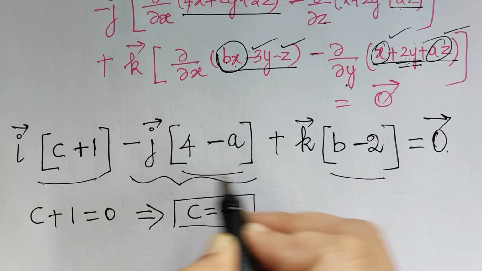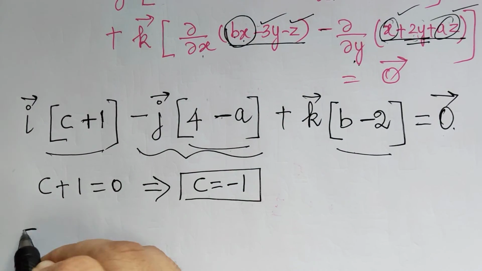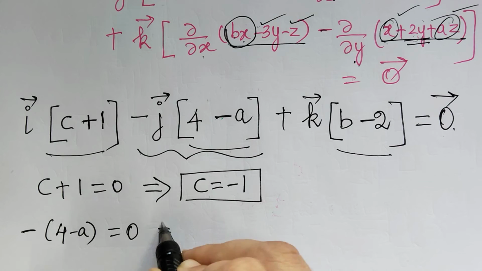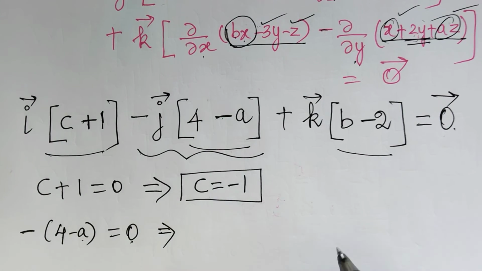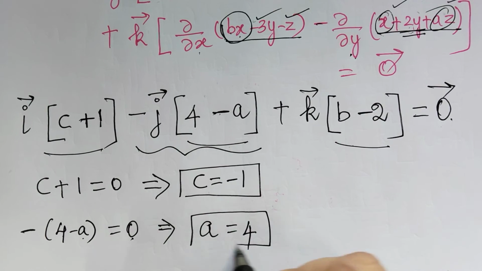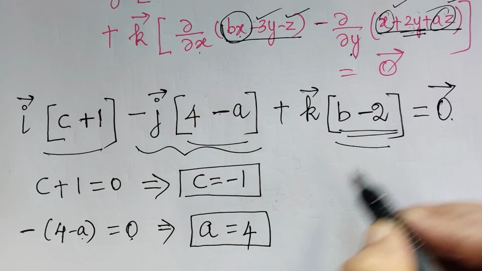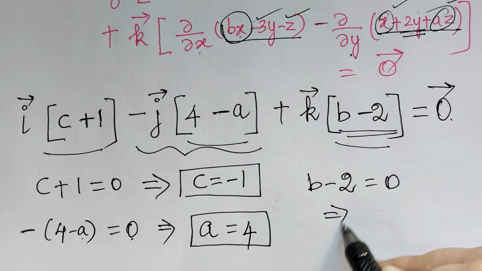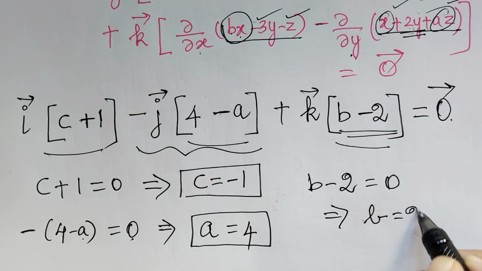And from this, we should take this negative sign also. So negative of 4 minus a will be equal to 0. So 4 minus a equal to 0, from which we get the value of a to be equal to 4. And then we have b minus 2 equal to 0. From this we get the value of b to be equal to 2.